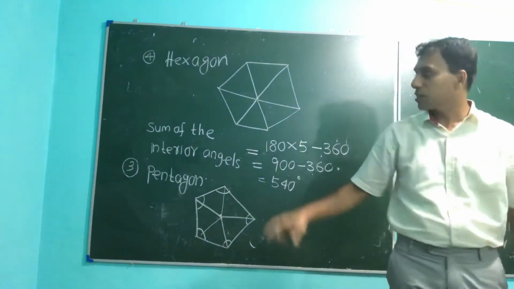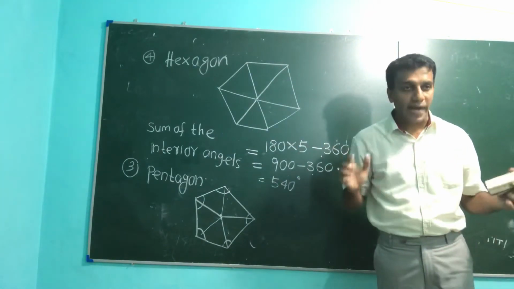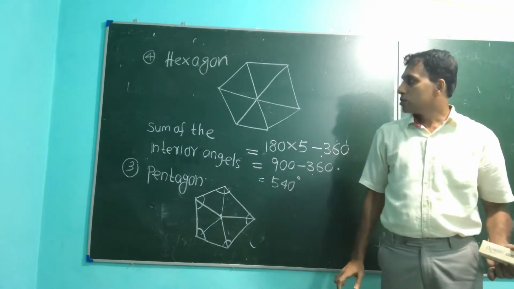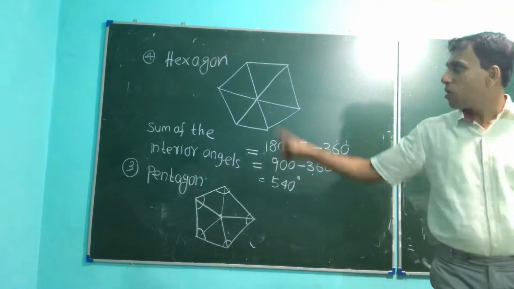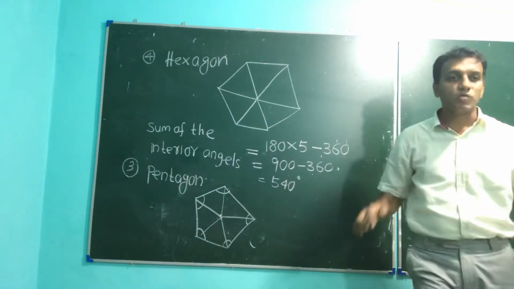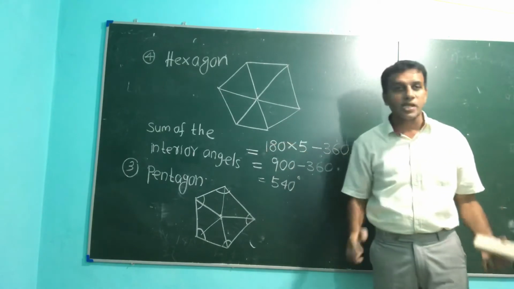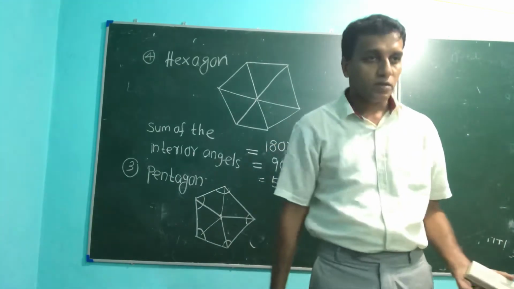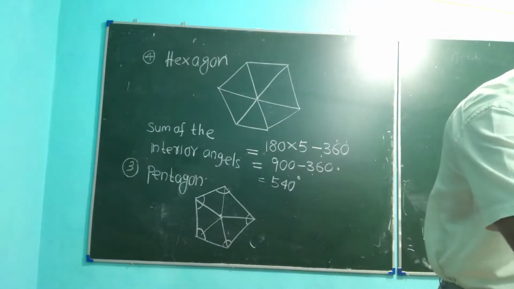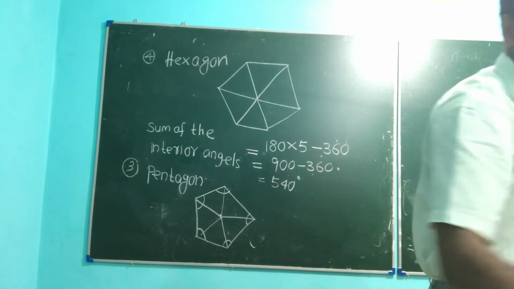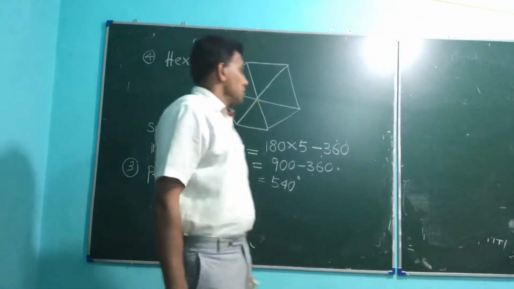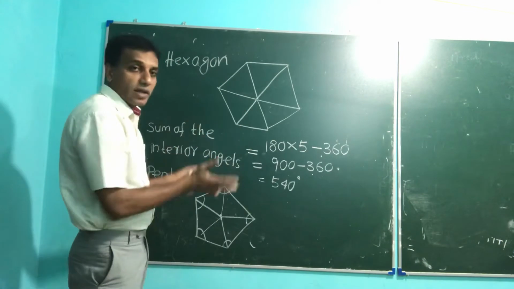That's called a hexagon, right? So I want to find the sum of all the 6 angles. What is the answer? Sum of all 6 angles.